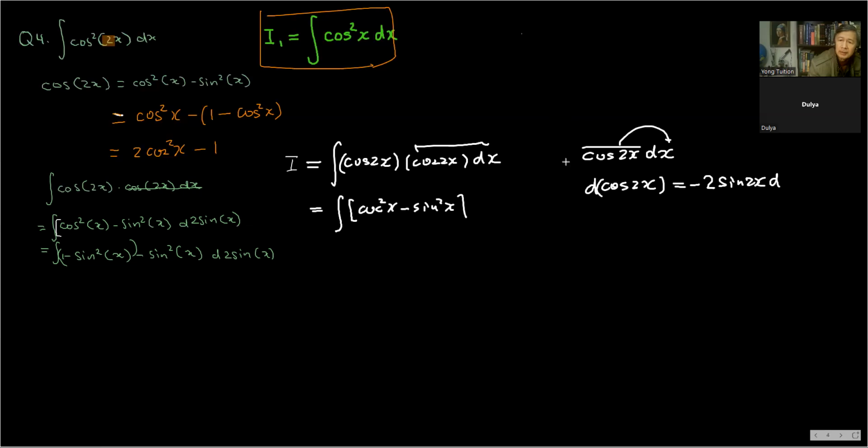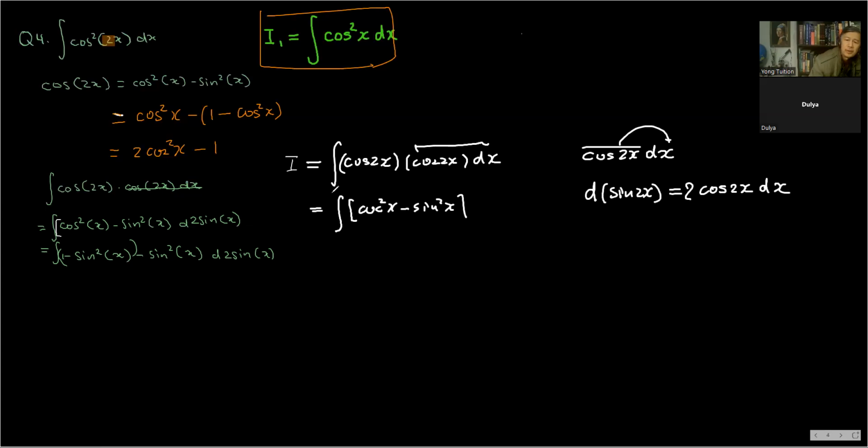Sorry, sine. So we have to check this. So that you double check that d sine 2x, all right, that can be written as cosine 2x, okay, dx, right? And 2, you need the 2 here. Can you see that?